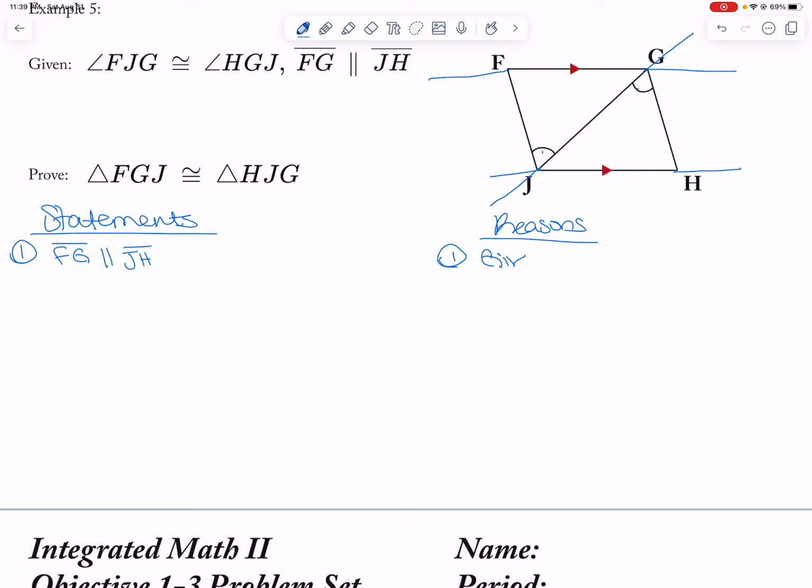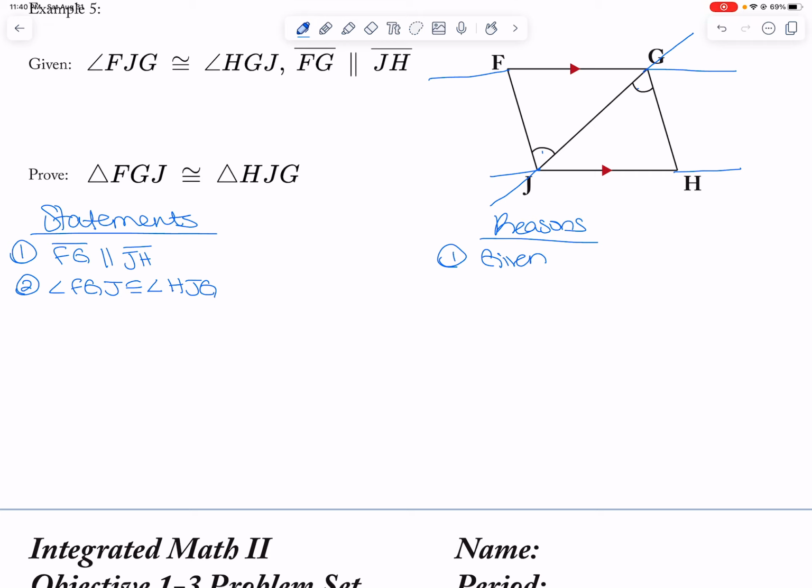So this one is given. And before I would write that the angle was congruent, I would go through my parallel line. So I would say angle FGJ is congruent to angle HJG by alternate interior angles.